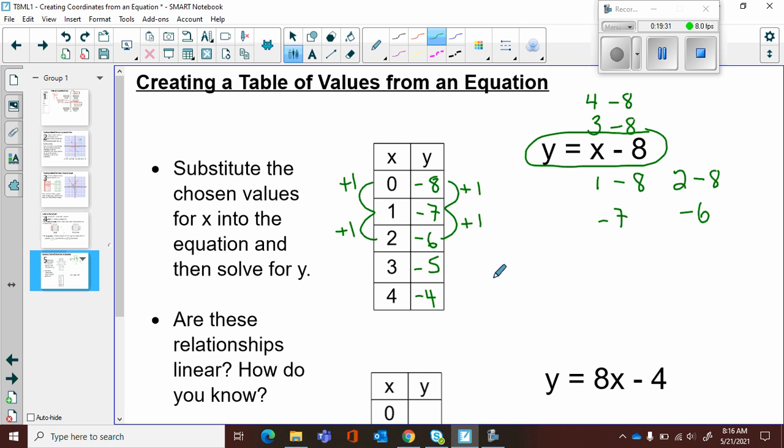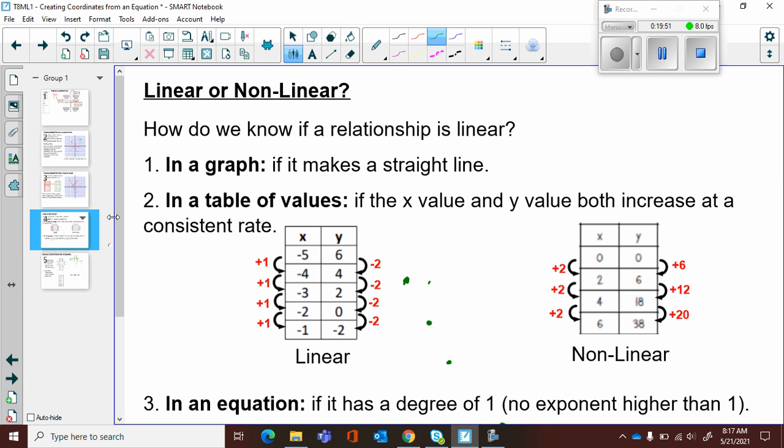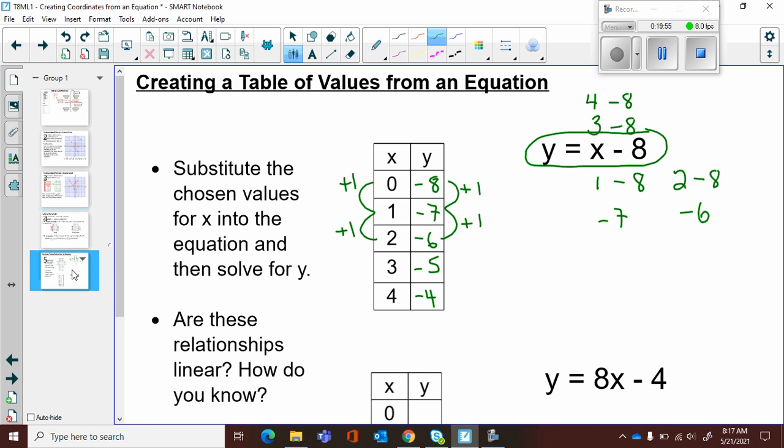And we know it's going to be a straight line because, for 1, my x and y are both increasing at a consistent rate. And for 2, my equation doesn't have any exponents greater than 1. So from those 2 pieces of information that we looked at back on this slide, we know this would be a linear relationship.